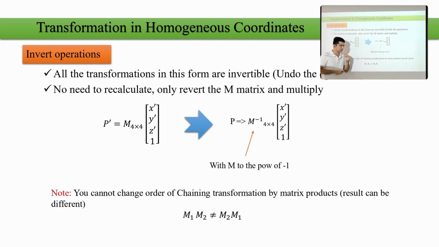For the reversion, this matrix can be put to the power of minus 1. If you multiply the matrix to the power of minus 1 by the points that you have, you can achieve the inversion. Is it clear?